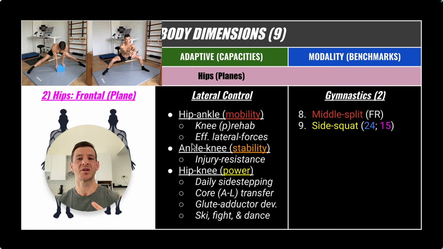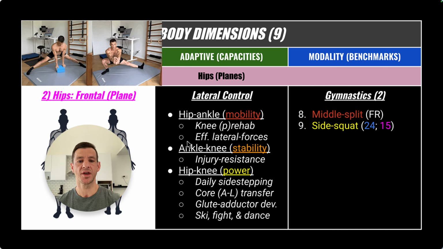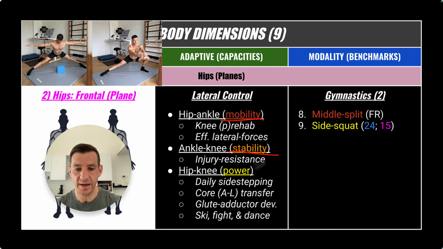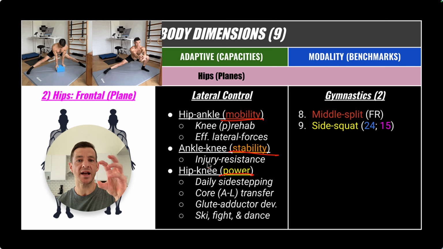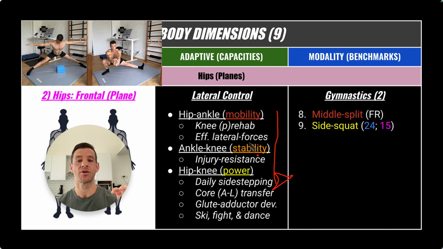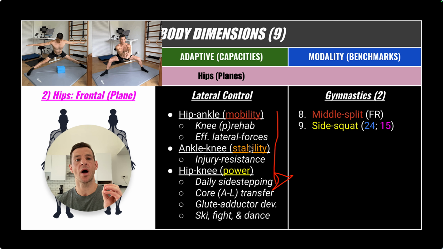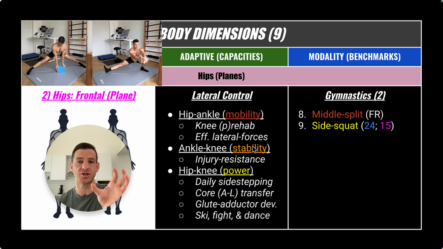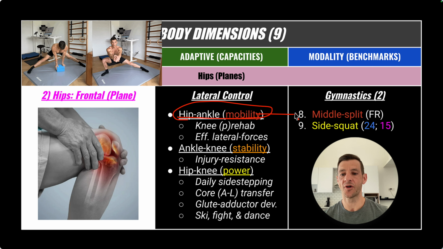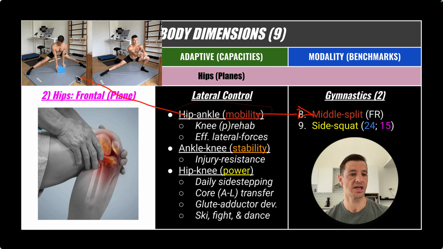Also, remember, there are different benefits associated with focusing on or working on either mobility, stability, and power. We can do them in isolation, but we have to do so towards greater integration. That's why I prefer doing this in a single routine. For example, hip and ankle mobility, or focusing on the middle split, as we see here.